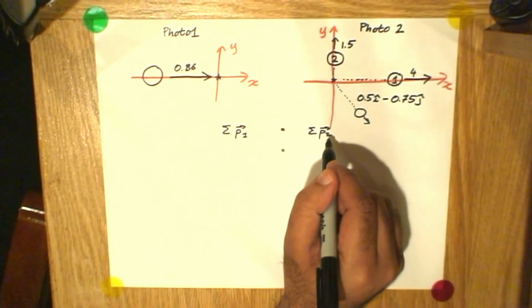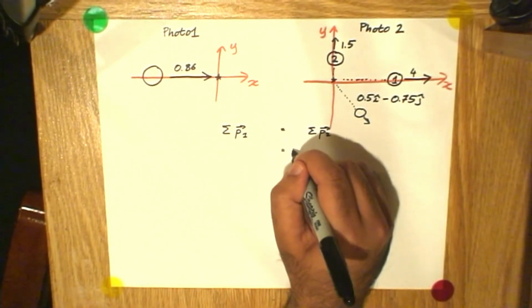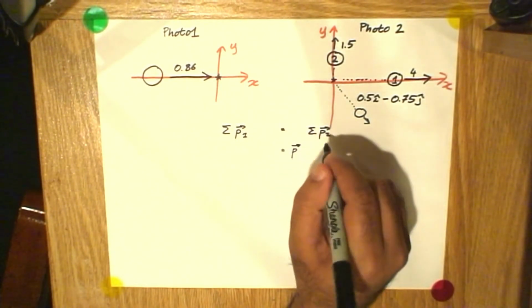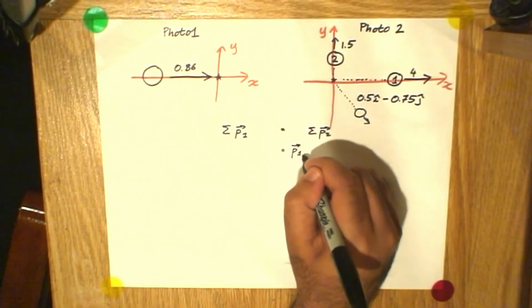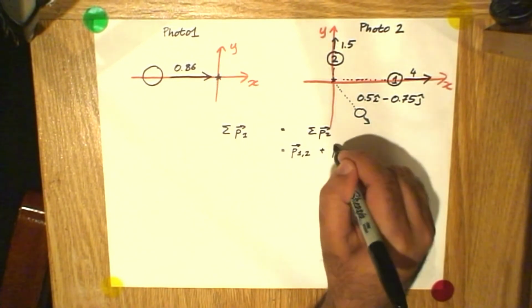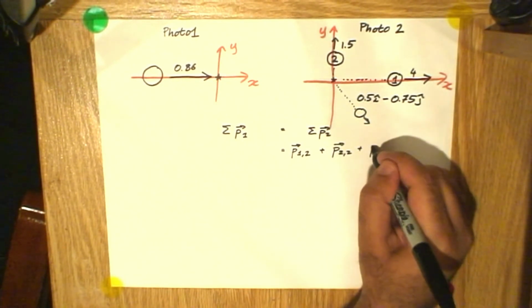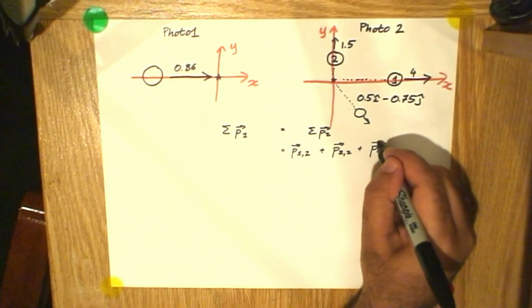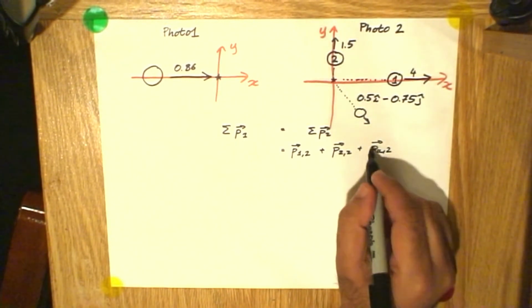In the right side, we have the momentum of the 1 kilogram object in photo 2 plus the momentum of the 2 kilogram object in photo 2 plus the momentum of the unknown mass object in photo 2. I'm going to call this P sub u.